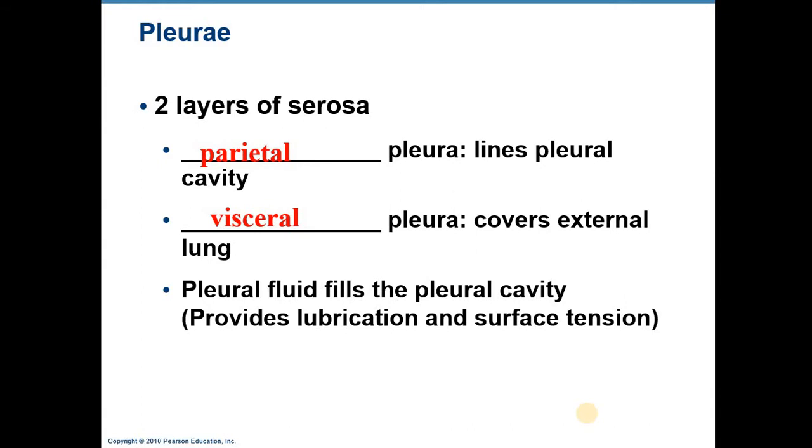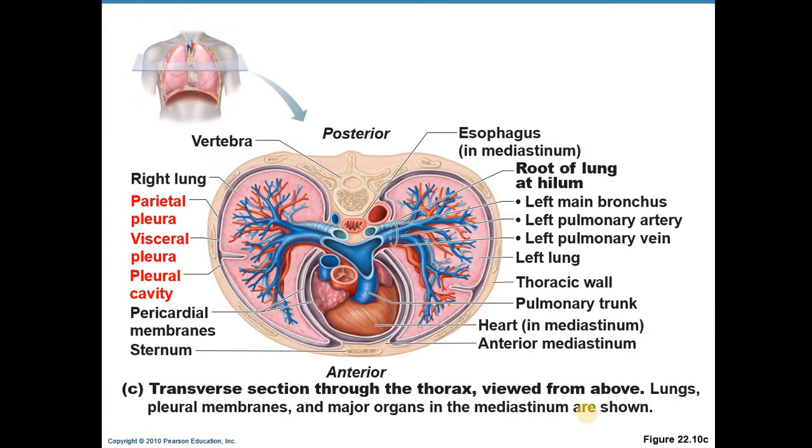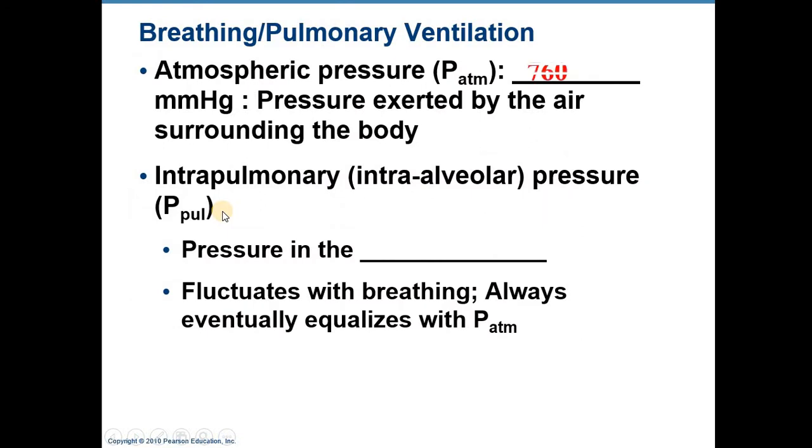So that space in between allows for a reduction in friction, because you don't want the lungs or the cavity to stick. Serosa, or serous membrane, is watery. So this is showing the parietal lining the cavity. Visceral is covering the actual structure. Then you have the pleural cavity here with the actual space that allows for free movement of those lungs.